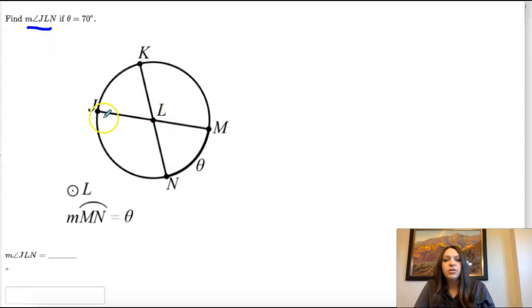So the measure of JLN is what we're trying to find if theta is 70. So if this is 70, then this angle is 70. And we're going to use what we did last time. These two angles are supplementary. They add to 180.